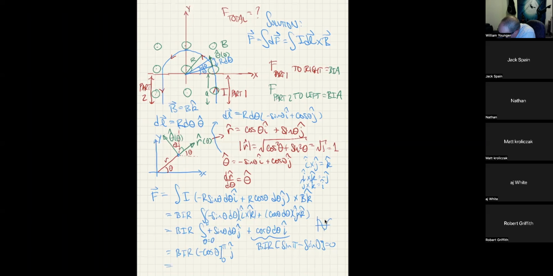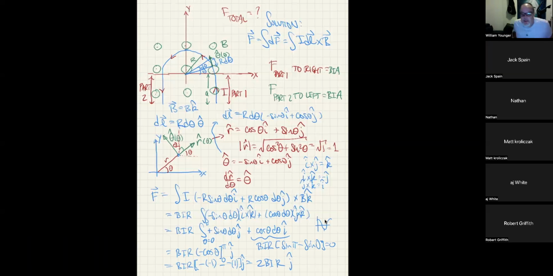So I get b I r times negative of negative 1, minus the negative of the cosine of 0, which is 1. So I get 1 plus 1, which is 2. So I get 2 b I r in the j hat direction.